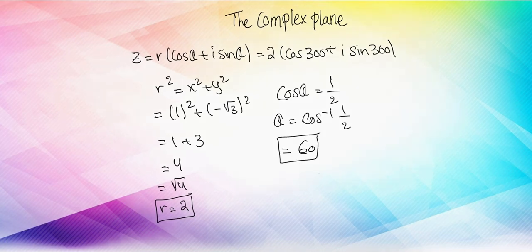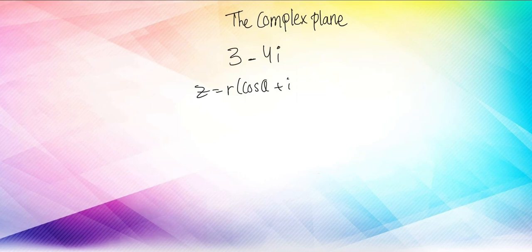That's it. I have another question: 3 minus 4i. We do it as z equals r (cos θ plus i sin θ).